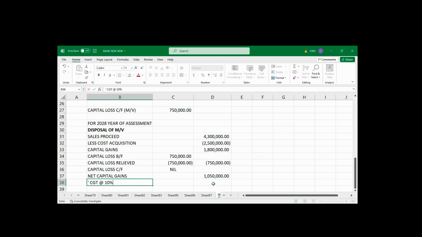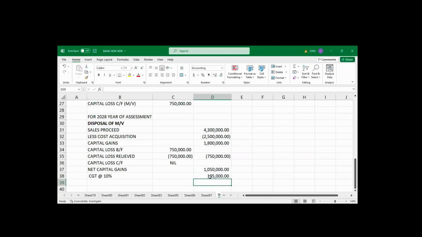CGT at 10% is 105,000. Do we understand this question? Yes, sir.